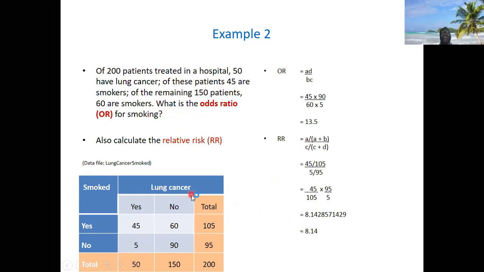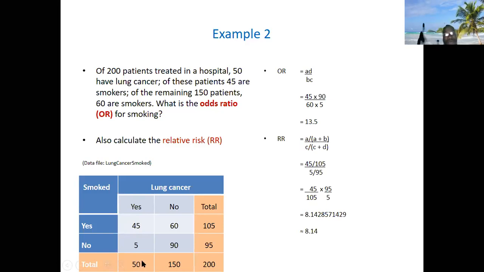What is the odds ratio for smoking? Now, here, we are starting with lung cancer, 50 have lung cancer, 150 did not have lung cancer, the total is 200. Now, in the relative risk case, we started with horizontal because the exposure is along the horizontal. But in this case, we are starting with vertical because the outcome is along the vertical.